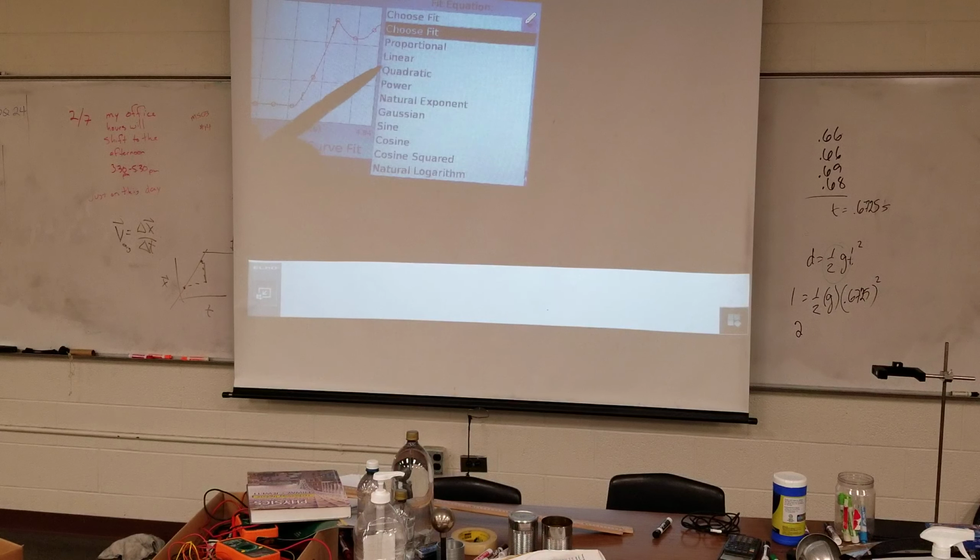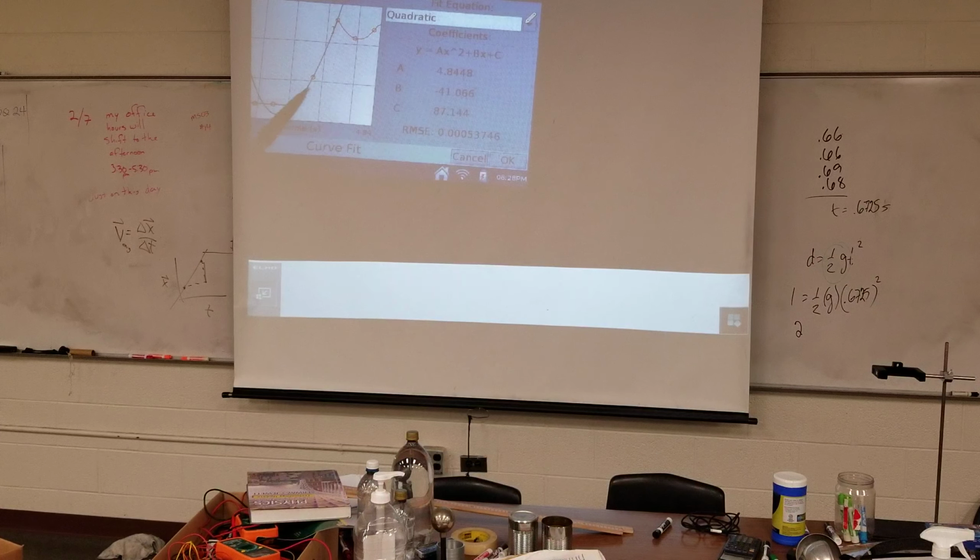And then I want to do a quadratic fit. And you'll notice that right here, we have the coefficient of the squared term. Now they're using y and x just because of default, but this y here is really position, and the x is really time.